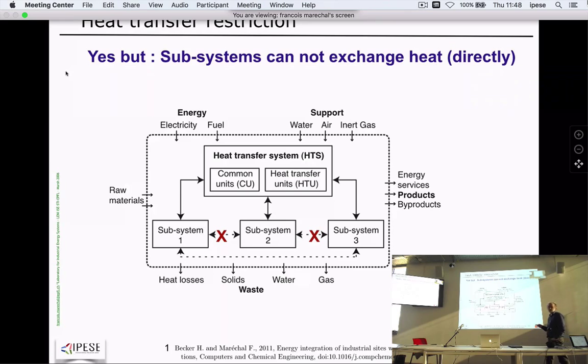Utility is supposed to be a subsystem which can exchange with everyone, with all the other units. So we will name it the heat transfer system here, that is going to make the links between the different subsystems.